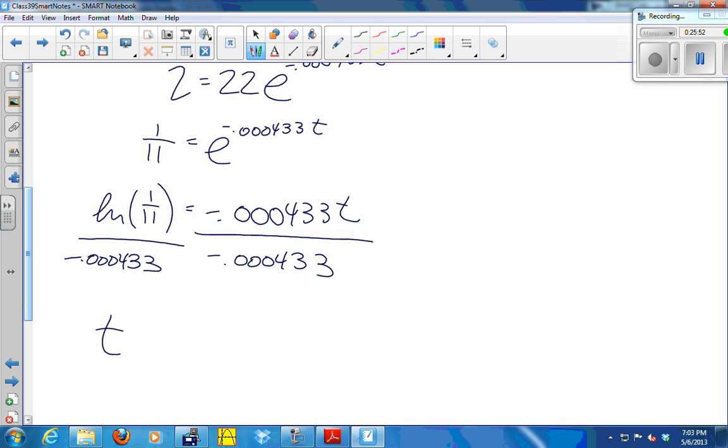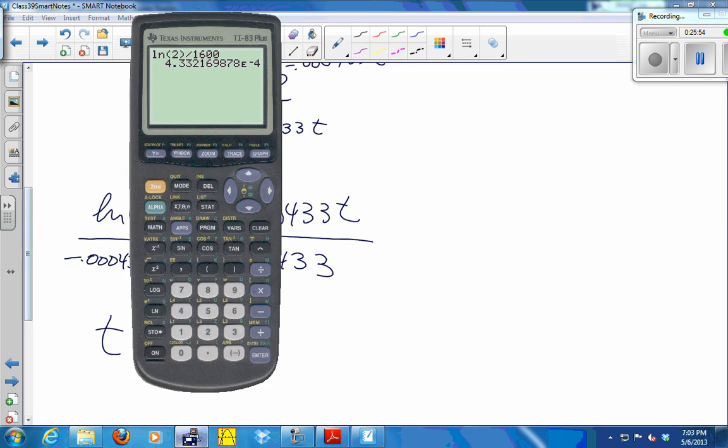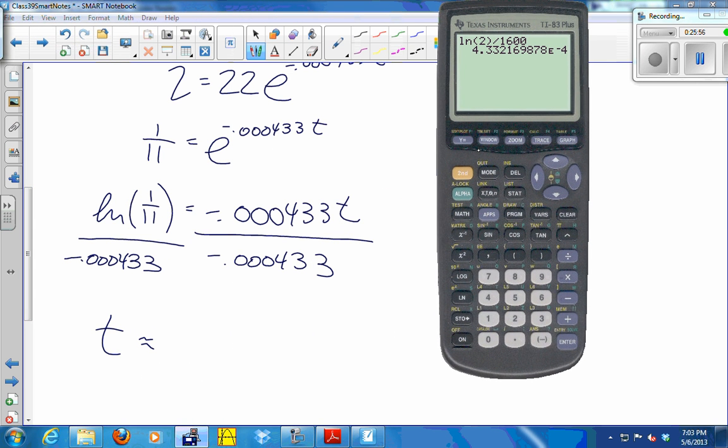So we get t is approximately, I think I'll store this number as a so that I don't have any rounding error. And then I'm going to do the ln of 1/11 divided by a. Oops, a is supposed to be negative, so times -1. 5,535 years.